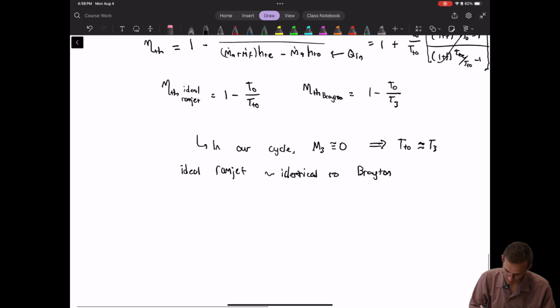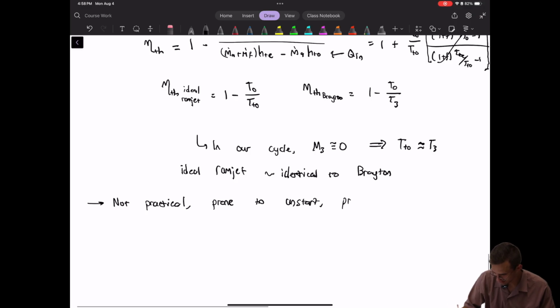So, not practical, prone to unstart; practical designs require inlet shock for stable operation.